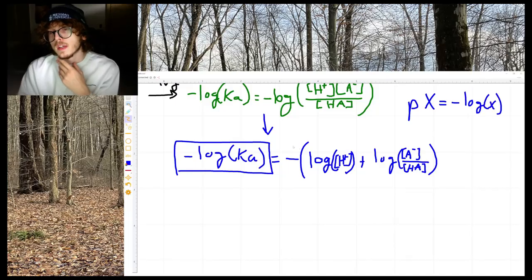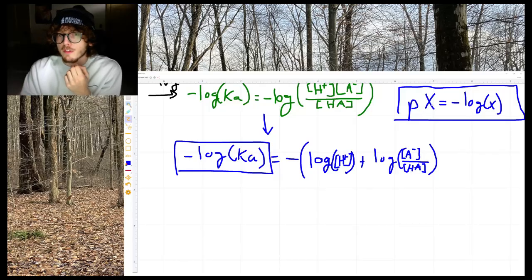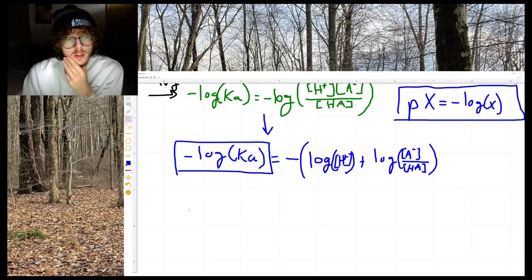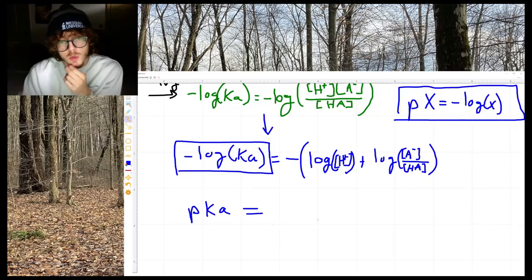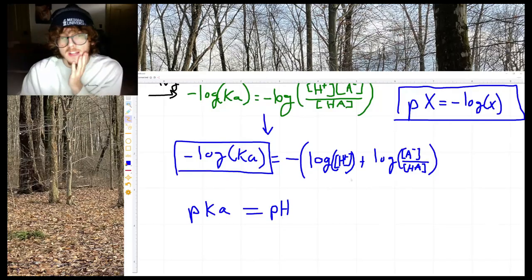So keep in mind that this is how we define the little p in front of whatever species we're talking about. It's just the negative log of that. And we can call this pKa. So pKa is going to equal, if we distributed the negative in, negative log of H plus, so this would be pH, the negative log of hydrogen ion concentration.